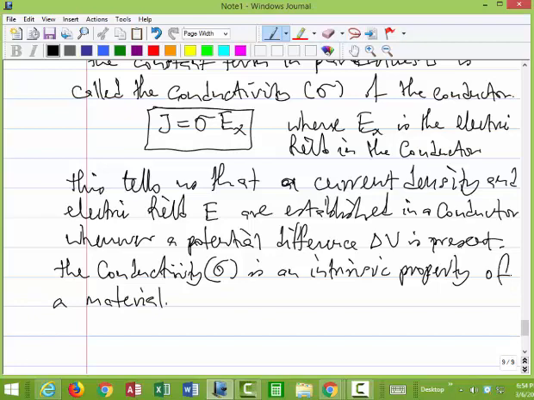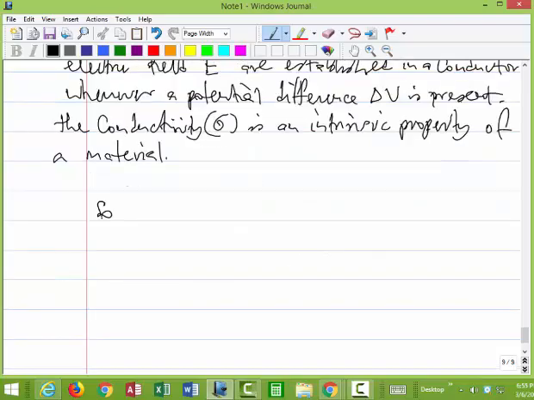If your material is copper, it has its own conductivity. If it's silver, gold, whatever it is, it will have its own conductivity, which is independent of the presence of electric field or current density. This is the conductivity of the material.